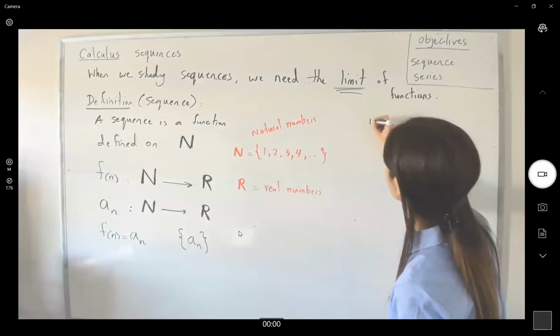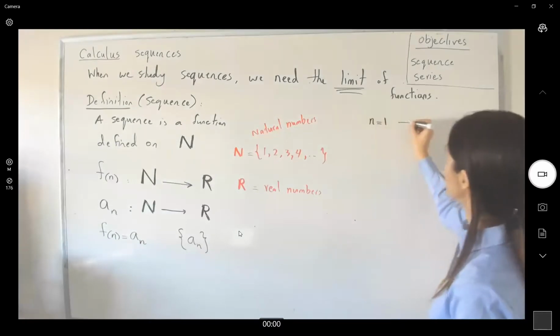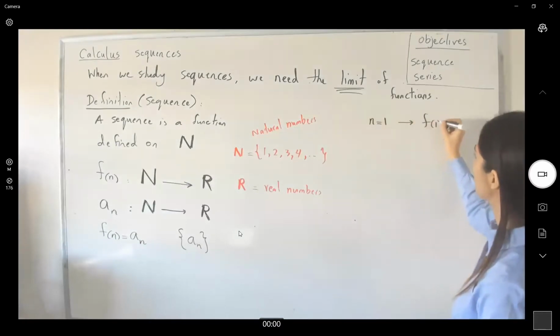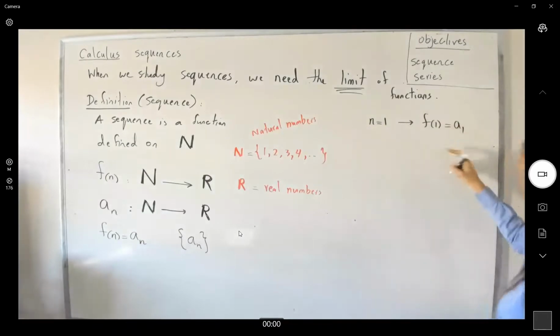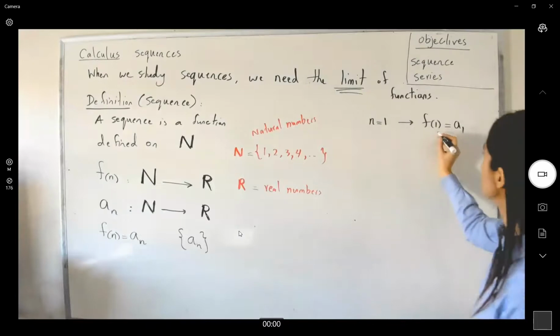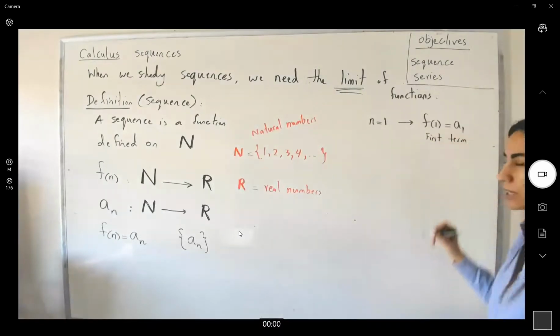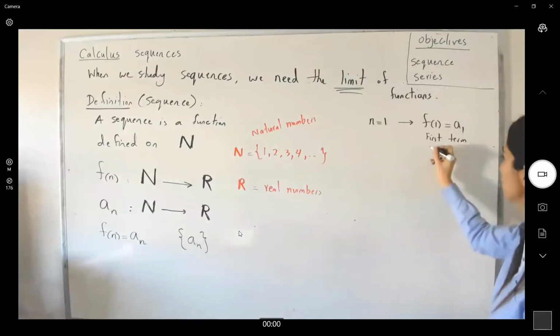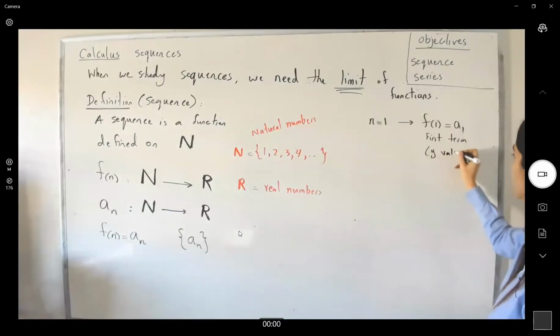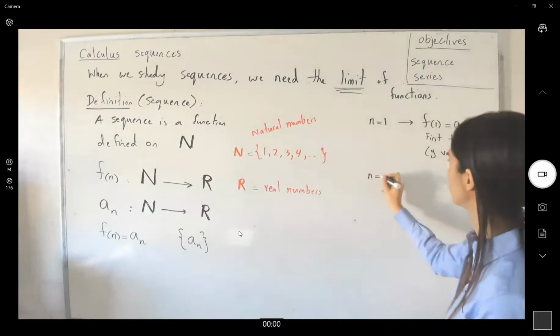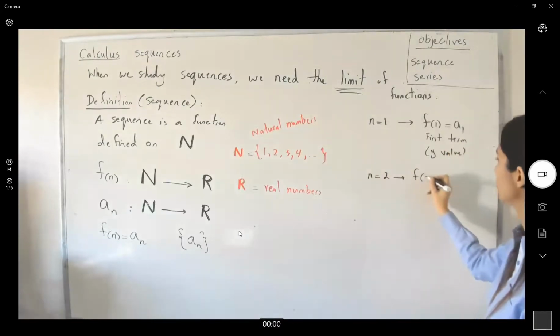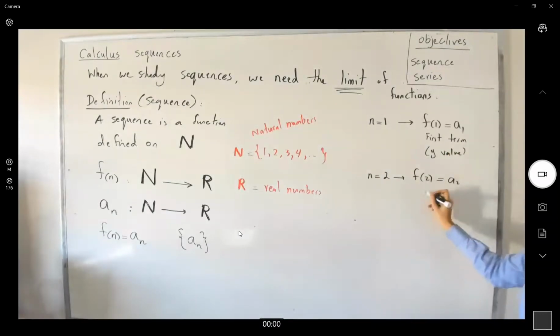If n is equal to 1, we get the first term of the sequence, a sub 1, f of 1, a sub 1. So this is your first term. You can say that, hey, this is my y value. If n is equal to 2, you get f of 2 or a sub 2, which is the second term, or another y value.